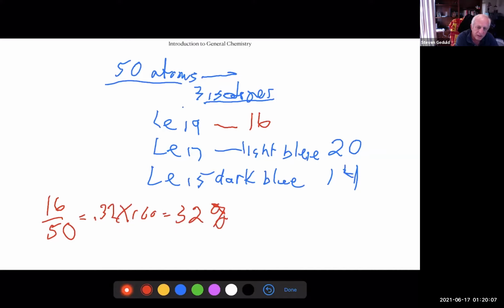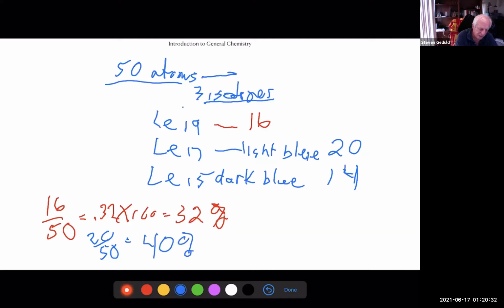Le19. Le17, we have 20 out of 50. 20 out of 50 equals, let me calculate back here, 20 divided by 50, and then times 100 equals 40. So you have 40% Le17.